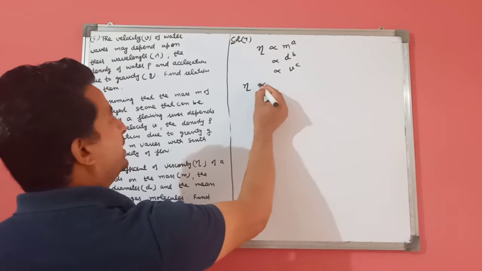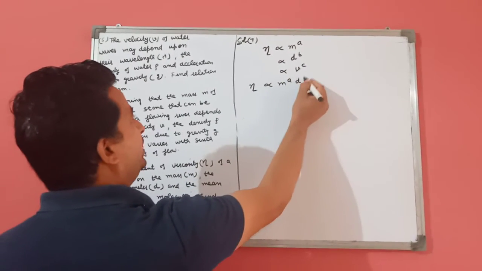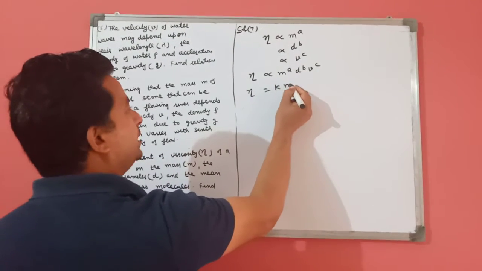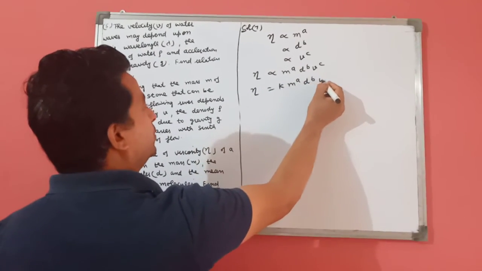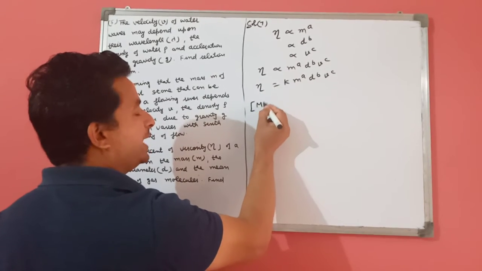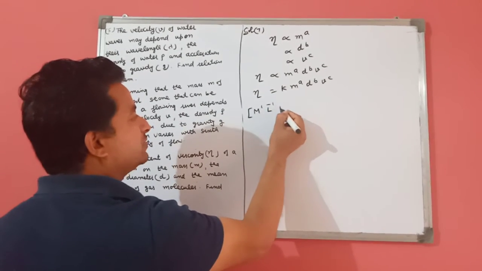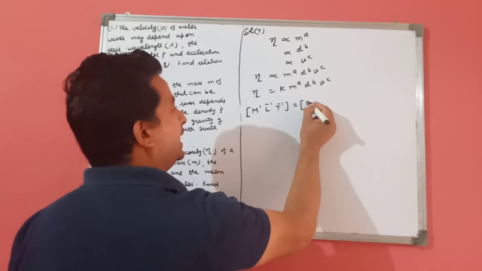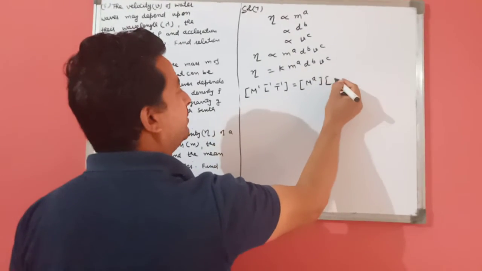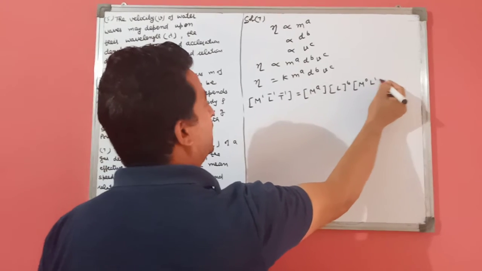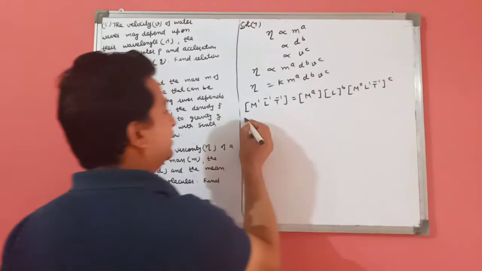When we compare all these, we get a constant of proportionality K, and eta has the dimension formula M^1 L^-1 T^-1. This should be remembered. Mass is M to the power a, diameter is L to the power b, and velocity is M^0 L^1 T^-1 to the power c.